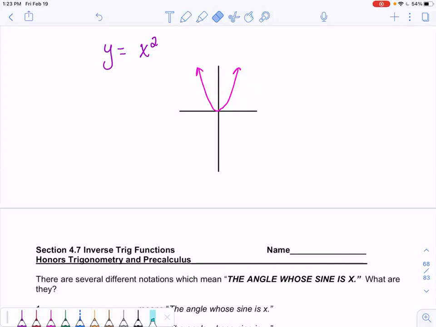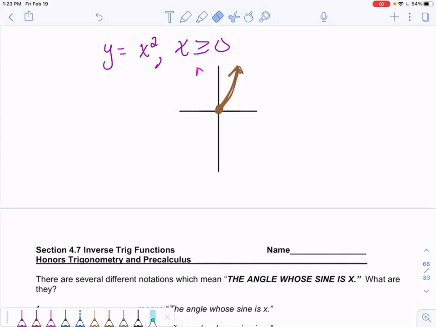They force functions to have inverses because if we said simply no, there is not an inverse, then a lot of functions actually wouldn't have inverses. So what we do is we say, all right, well, I have this parabolic shape. It doesn't have an inverse, but if I restrict x and say x must be greater than or equal to 0, then we are looking at the side of the graph where all the x values are greater than or equal to 0.